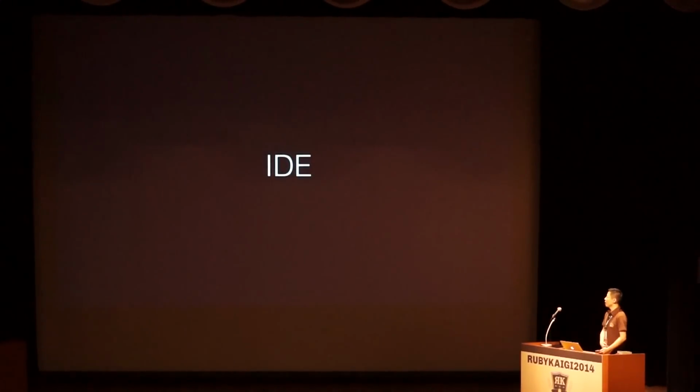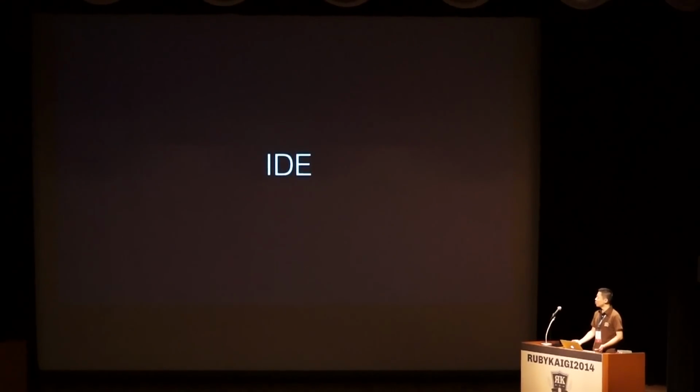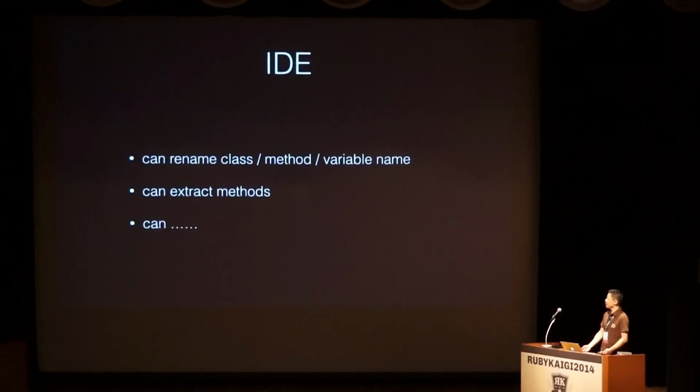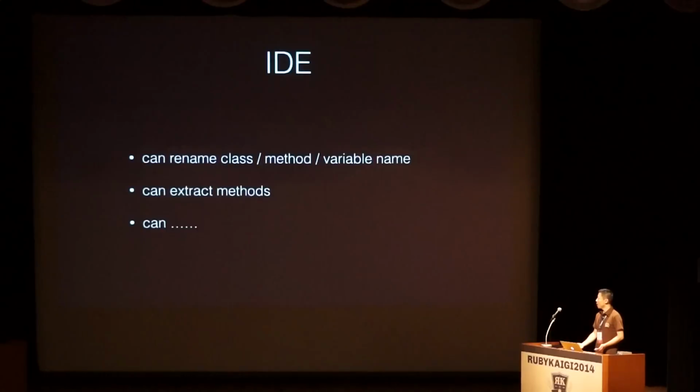First, we found IDEs. Frankly speaking, I'm a Vim fan, so I never use an IDE for Ruby programming, but I know that there are many awesome Ruby IDEs like RubyMine and Atom. IDEs are great. They can rename classes, methods, and variable names, and they can extract methods.